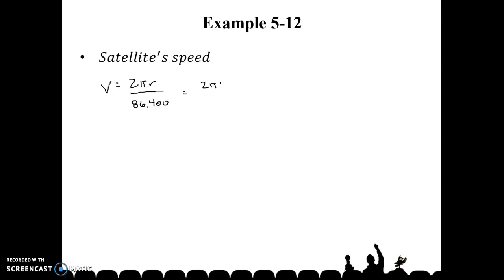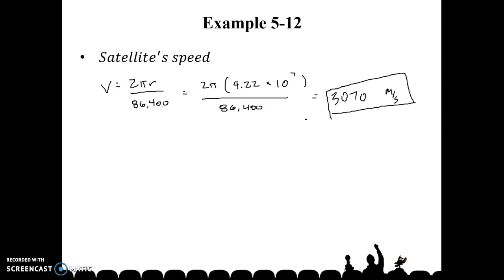And that's going to be 2 pi times the radius we found was 4.22 times 10 to the 7th meters divided by 86,400. And that should equal approximately 3,070 meters per second. So that would be the velocity of our geosynchronous satellite at a height of 4.22 times 10 to the 7th meters above the center of the Earth.